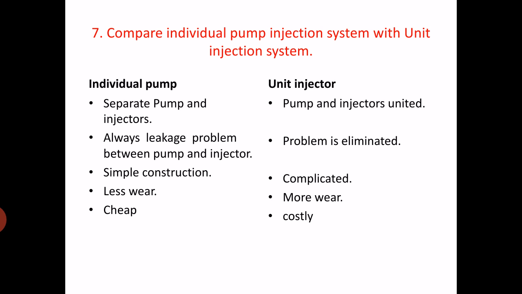In the individual pump system there is always a leakage problem between pump and injector, so that problem is eliminated in the unit injector. The individual pump has simple construction, but the unit injector's construction is complicated. Individual pump has less wear, unit injector more wear. Individual pump is cheap compared to unit injector, but unit injector is costly.